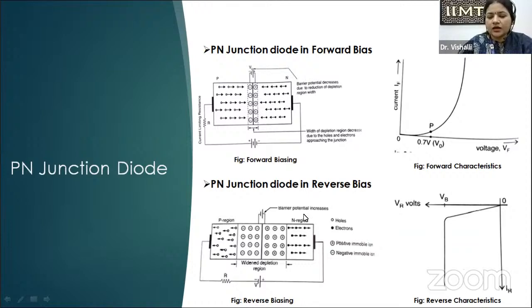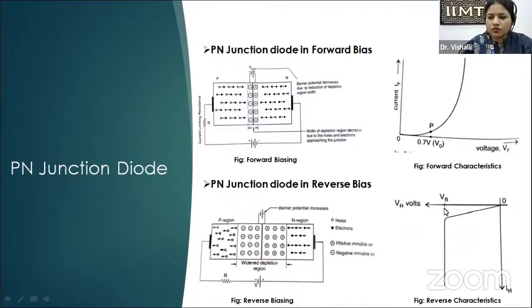N side. Whereas in reverse biasing, P is connected to the negative and N is connected to the positive. If we plot the reverse characteristics, taking voltage along the x-axis and current along the y-axis, we can see that with the increase in the voltage, the current is increasing very slowly.